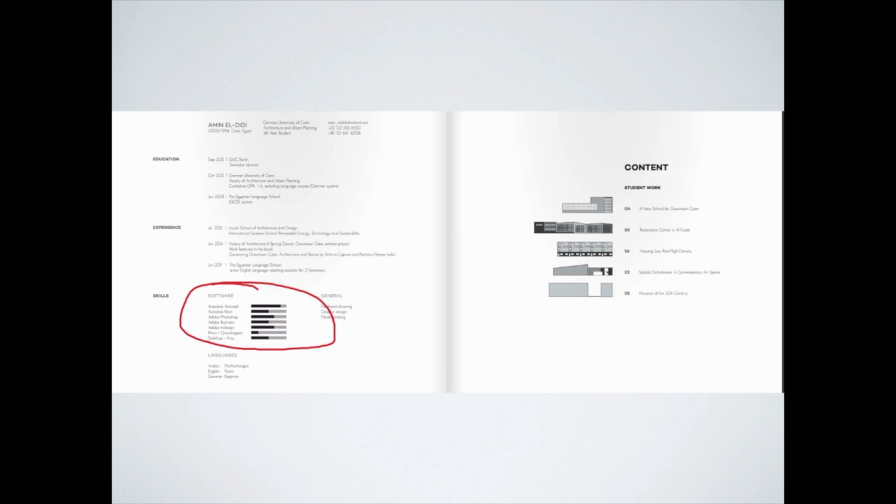So it's great that you have skills in these software, but don't ever say that I just have really average skill. Like, no, you don't put that. So you either are awesome or you just exclude it. Don't give yourself a rating on how good you are at it. Okay? So just say I have skills in Rhino, V-Ray, AutoCAD, Revit, whatever.